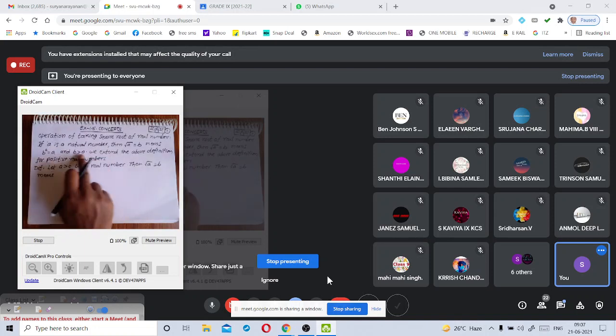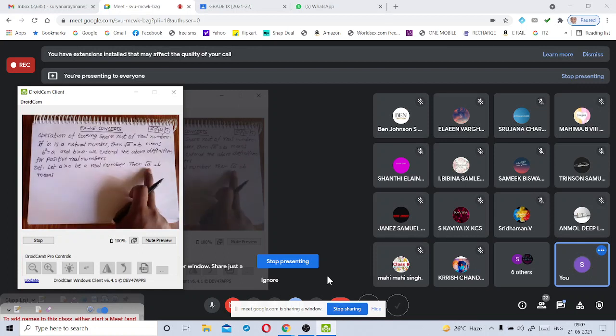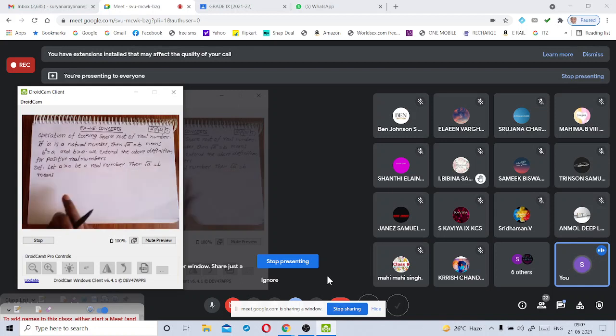Here we have defined the operation of taking square root on natural numbers. We use the same definition for real numbers also. So square root a is equal to b means b square is equal to a, and b greater than 0. Okay, my children, this is about square root of a real number.